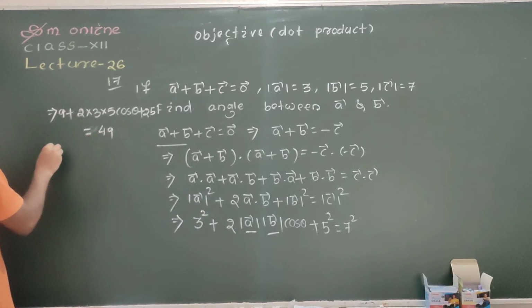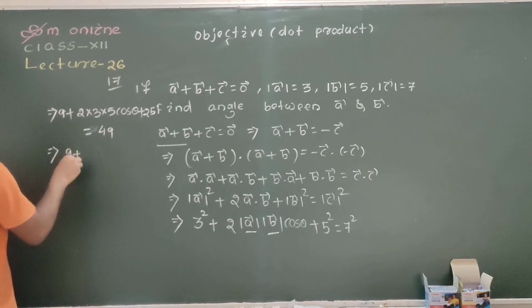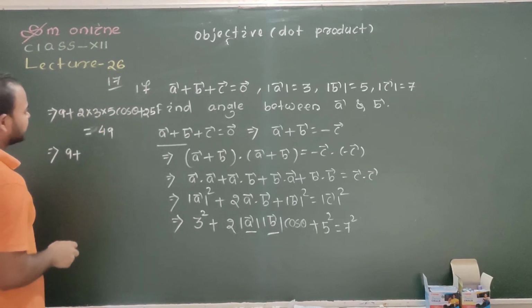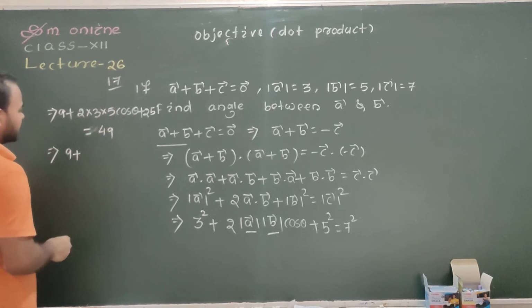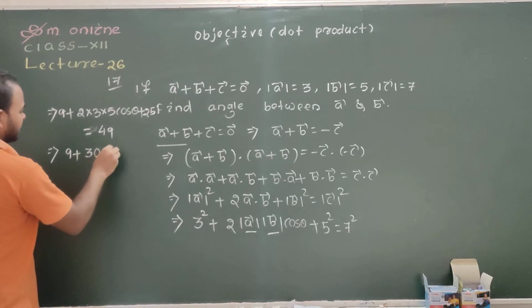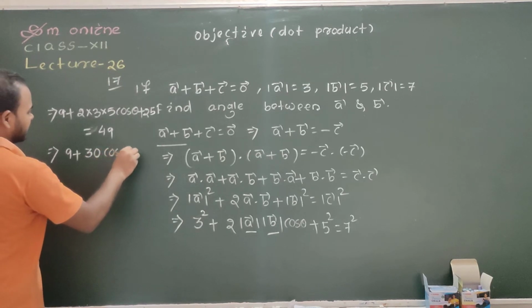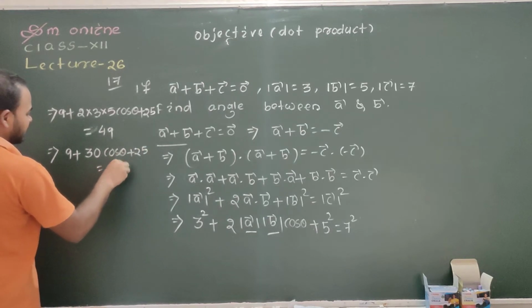This implies that 9 plus 2 threes are 6, 6 fives are 30. So 9 plus 30 into cos theta plus 25 equal to 49.